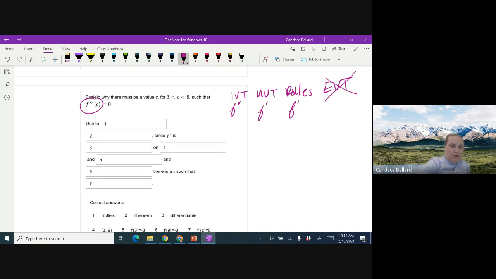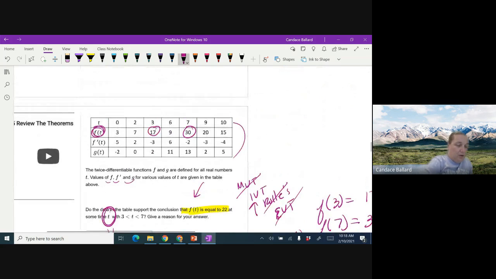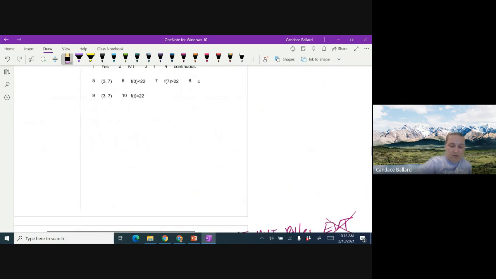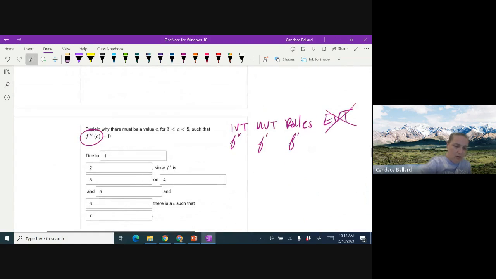So here I'm going to go look at my chart and see what information I have. Well, I notice in my chart, I don't have F double prime, right? No F double prime, so no IVT. Sorry, the scrolling is going to go crazy. No IVT, so it has to be either MVT or Rolle's.